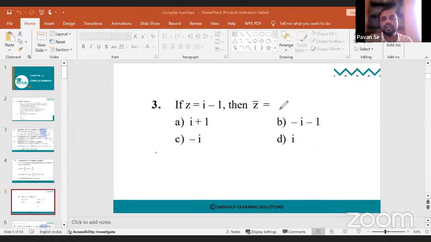I told you already, change the sign. So that is minus i minus 1. So option B is the correct answer. Minus i minus 1 is the correct answer. Okay. Next one.